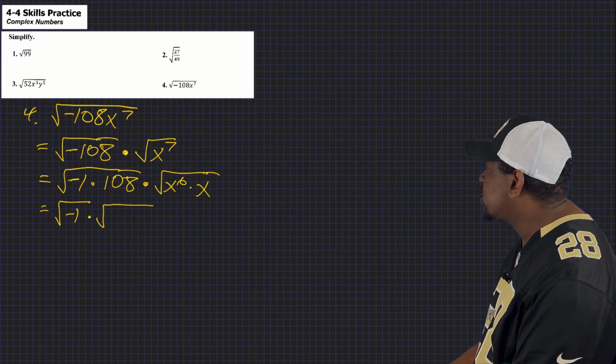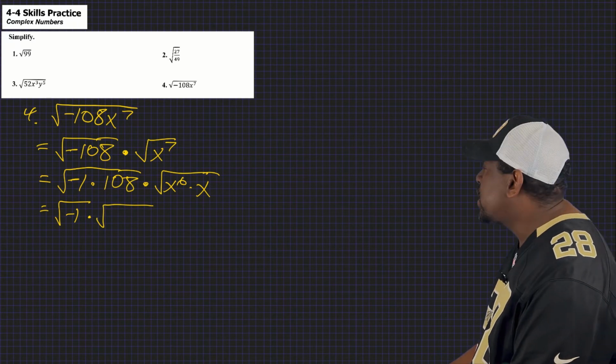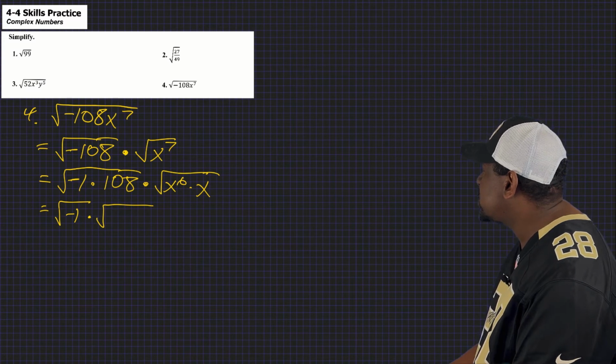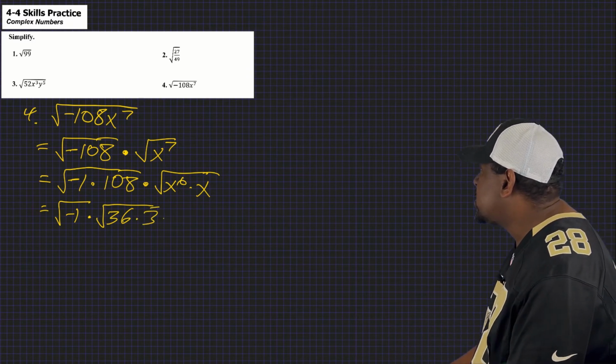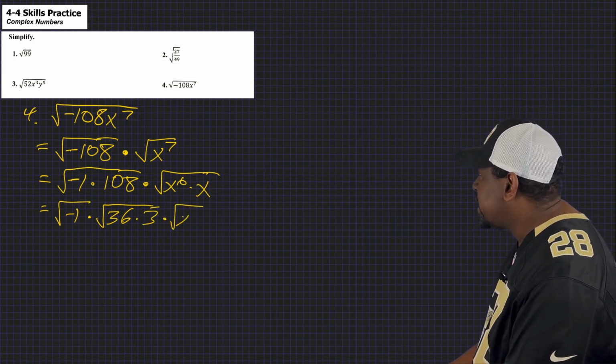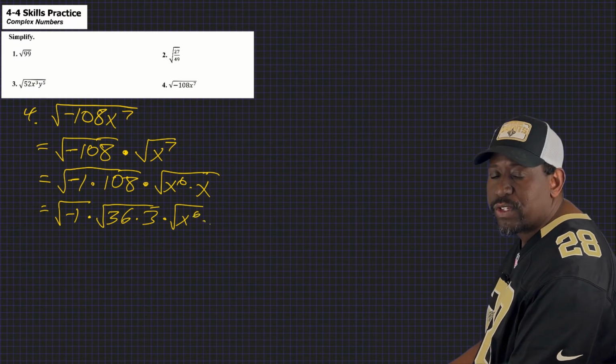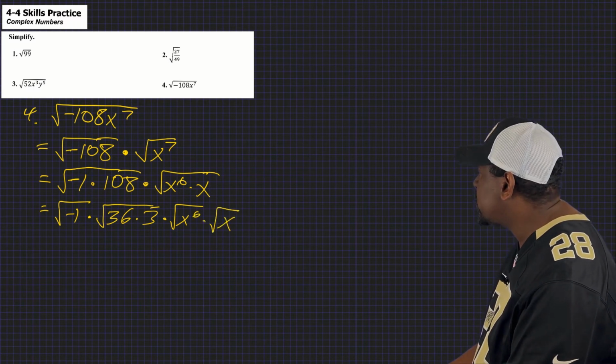So if you notice, that's a pattern there. And so we break x to the 7th into x to the 6th times x. Now we will simplify 108, and we have to find the highest perfect square that goes evenly into 108. That will be 36 times 3.